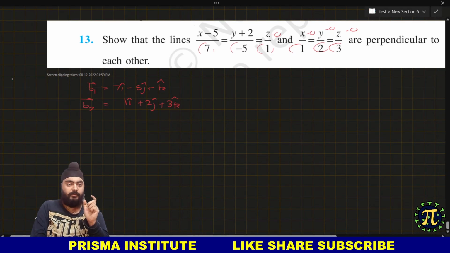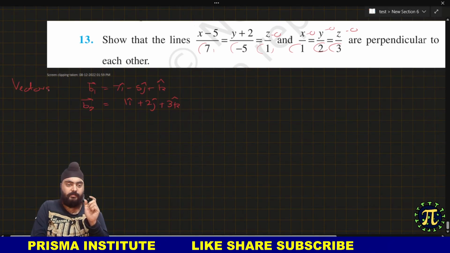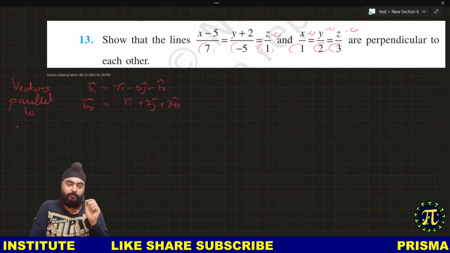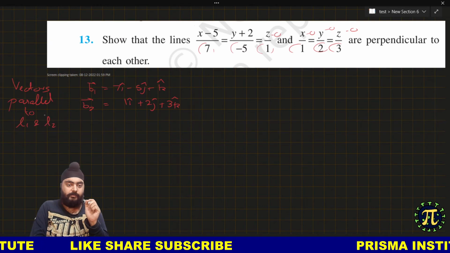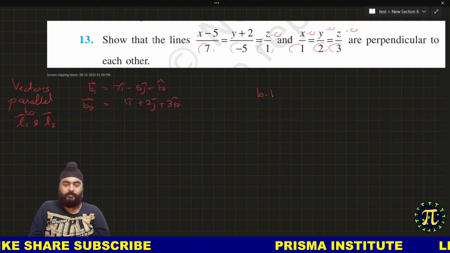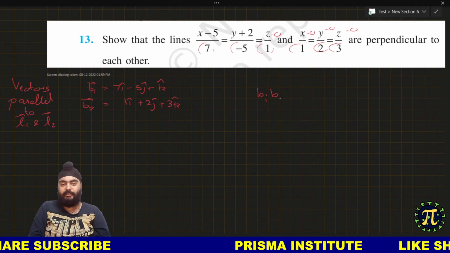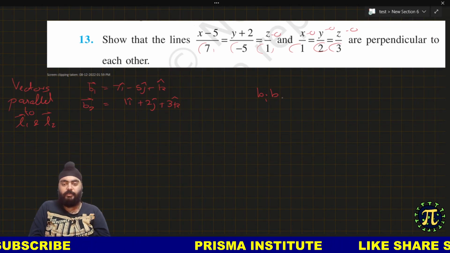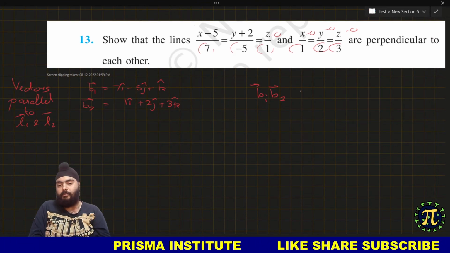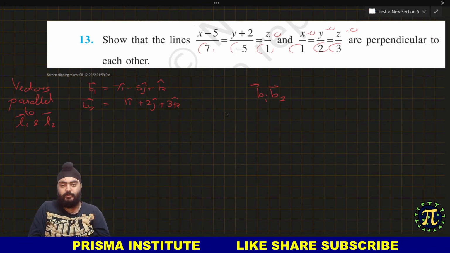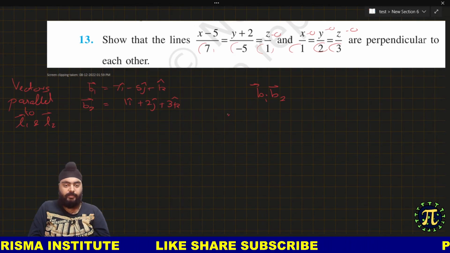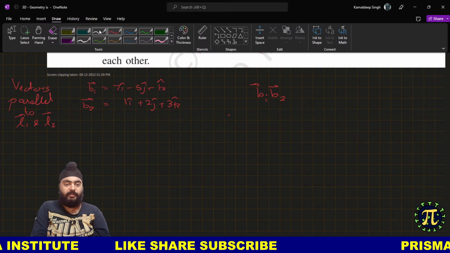So these are vectors parallel to L1 and L2 and let's find b1 dot b2 vector. ठीक है, ये cos थीटा ऐसे निकालते हैं ना, एंगल बिटवीन दीज टू वेक्टर्स, b1 dot b2 निकालना ही पड़ता है, तो we'll just find b1 dot b2. अगर ये 0 आ रहा होगा then we'll say b1 is perpendicular to b2, so which is, so b1 dot b2 vector is coming out to be, let's do ax bx.